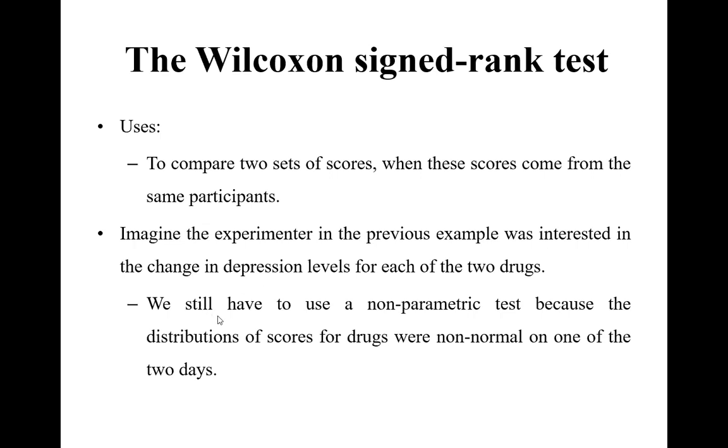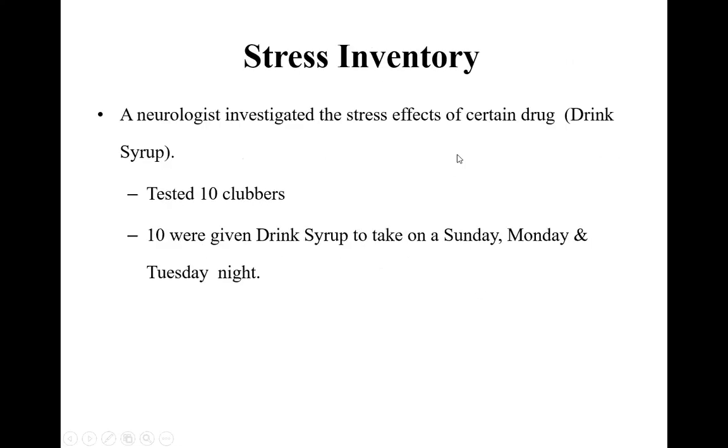We still have to use a non-parametric test because the distribution of scores for the drugs was non-normal, the data not normally distributed. That is why we use the Wilcoxon signed rank test. So it's a case study: a neurologist investigates the stress effect of a certain drug.